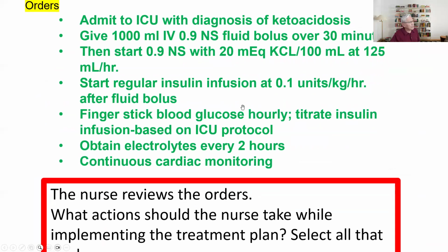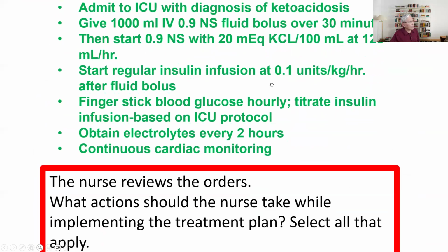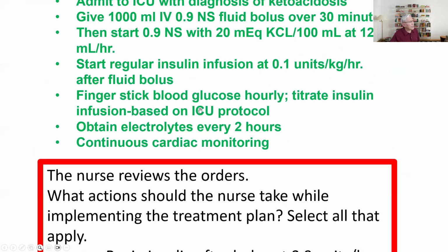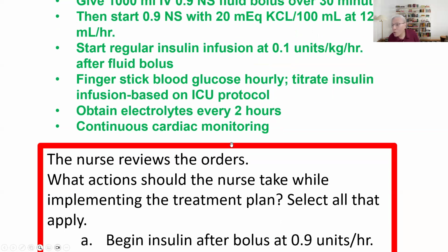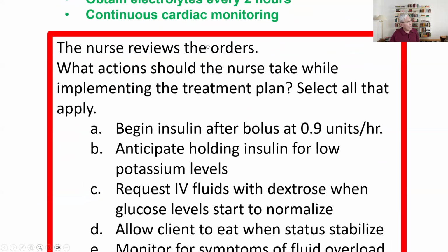Start regular insulin infusion at 0.1 units per kilogram per hour after a fluid bolus. Finger stick blood glucose hourly, and obtain electrolytes every 2 hours. You are going to be busy if you are going to take care of these patients. That's why they usually are transferred to ICU. And then, of course, continuous cardiac monitoring.